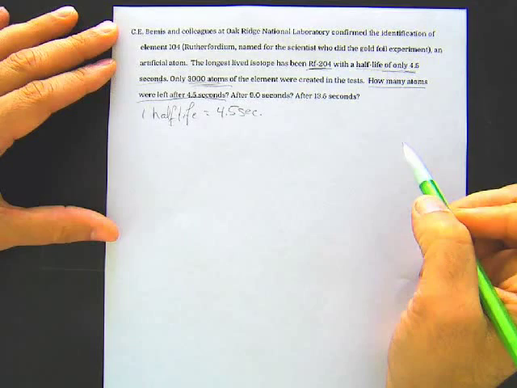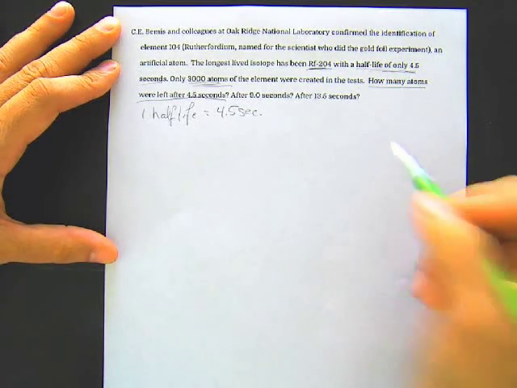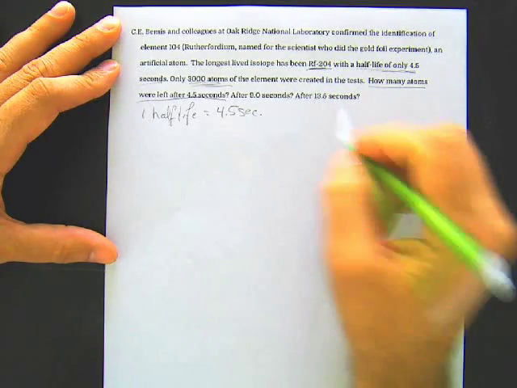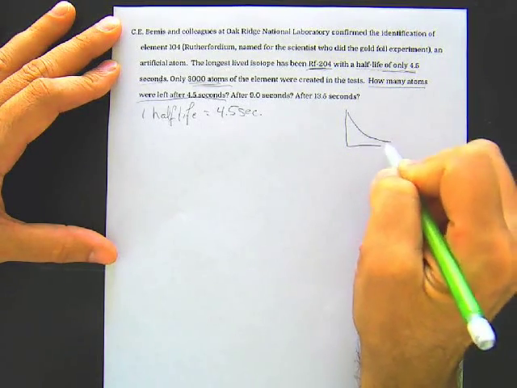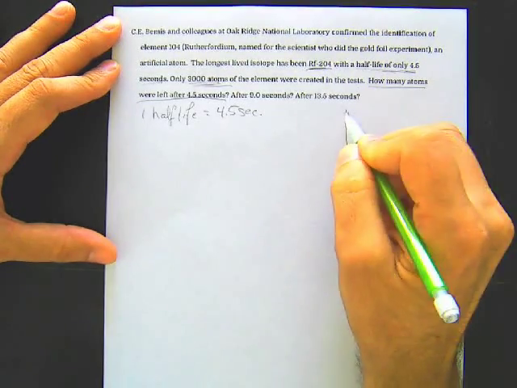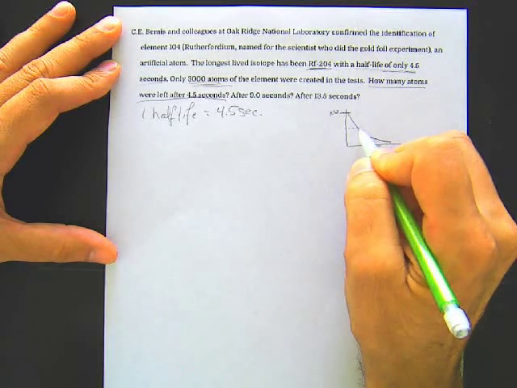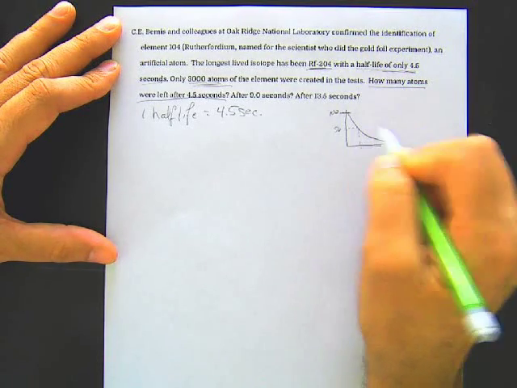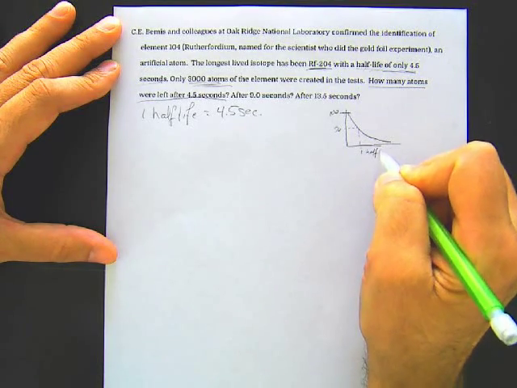So 4.5 seconds have passed. One half-life has passed. According to what we learned in the lab, you remember this graph? Starting with the main thing, if we have 100% of it to begin with, 50% would occur at one half-life. Right?